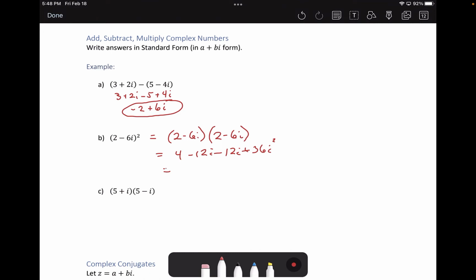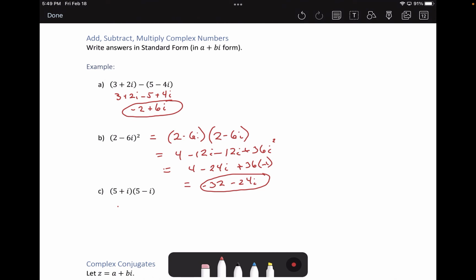This is 4 minus 24i. And remember that i squared is -1. So we have 36 times -1, which is -36. 4 minus 36 is -32. Then we have minus 24i. Again, making sure that we put the i part last to be in standard form.